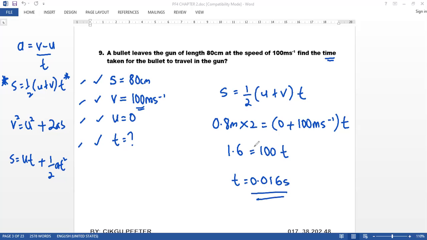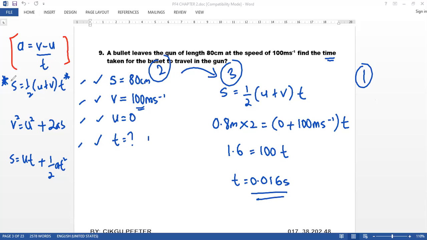So I repeat again. Step 1, read the question. Step 2, identify what is the information you get. Step 3, use the correct formula related to the information you have. This is how we solve all the problems related to linear motion. These are the 4 formulas that you have to look into. Make sure you master these 4 formulas.